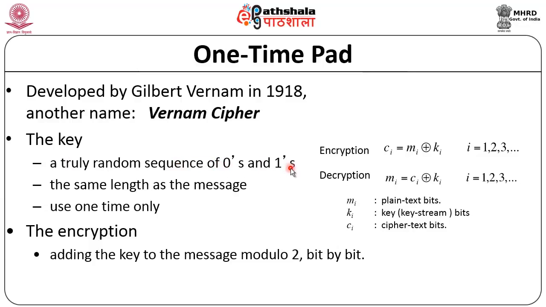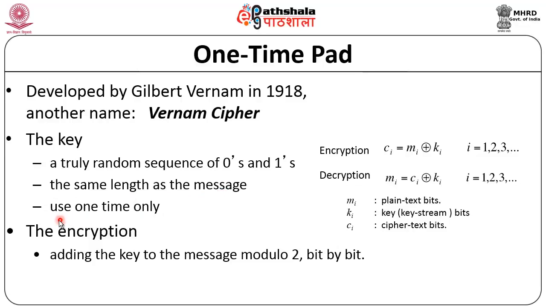In classical cryptography, we used only the alphabets A, B, C, D up to Z, using modulo operations to generate the ciphertext. But this is the first algorithm where the keys are a truly random sequence of zeros and ones, of the same length as the message, as in our stream cipher.